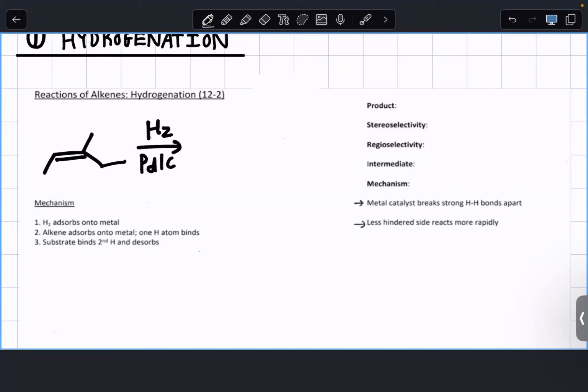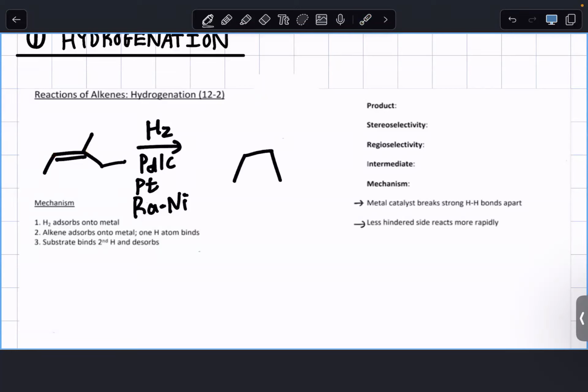You can see Pd/C, you can see Pt, or you can see Raney nickel. All of these are just metal catalysts that catalyze this reaction, right? What that does is that it will add hydrogens onto the carbons of the double bond here. Right?